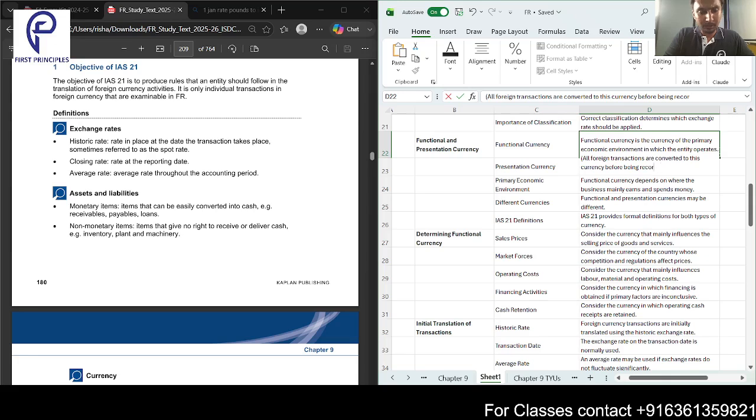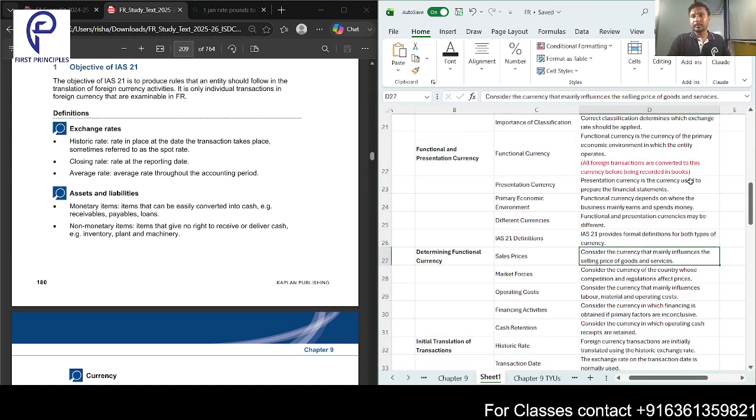Before being recorded in books. All foreign transactions are converted to this currency before being recorded in the books. I'll give you a simple example here.